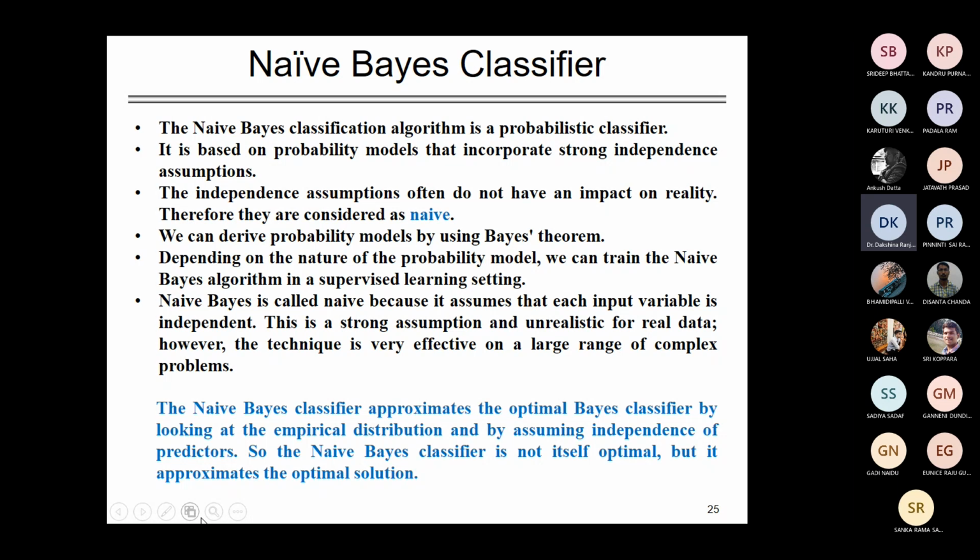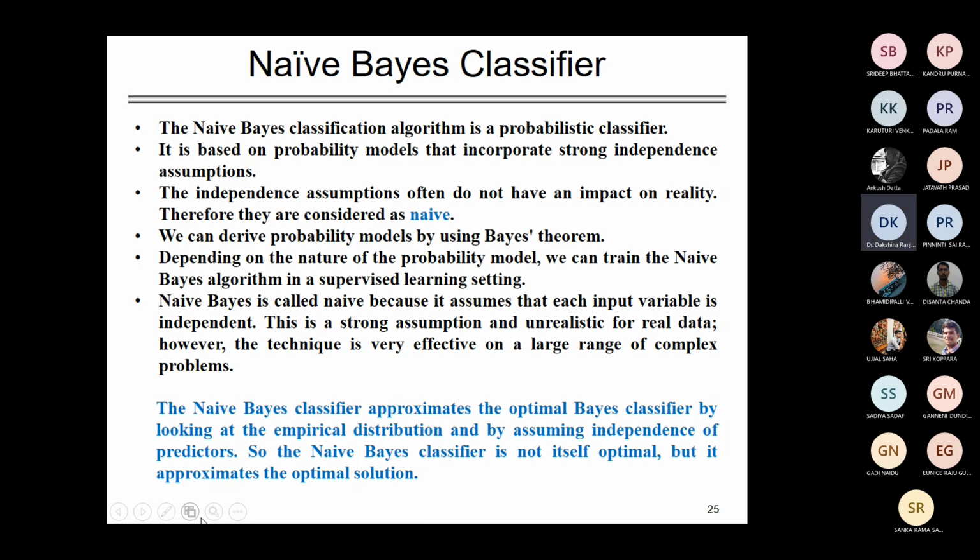By assuming independence of predictors, the naive Bayes classifier is not itself optimal, but it approximates the optimal solution. First we make some assumptions about the input data or input features, and then we exploit the optimal Bayes classifier for getting the probability in a Bayes classifier.